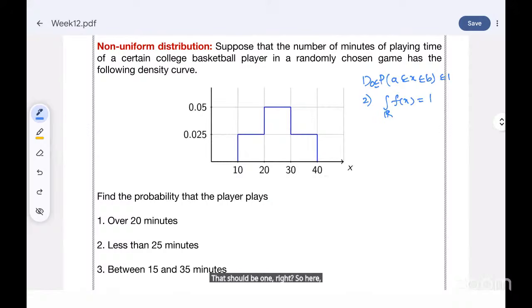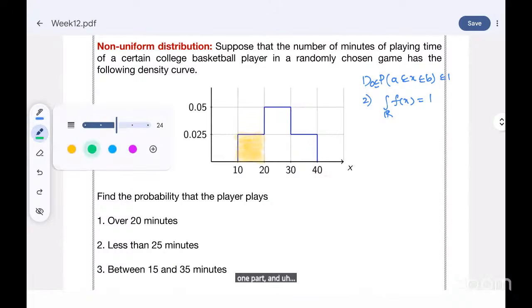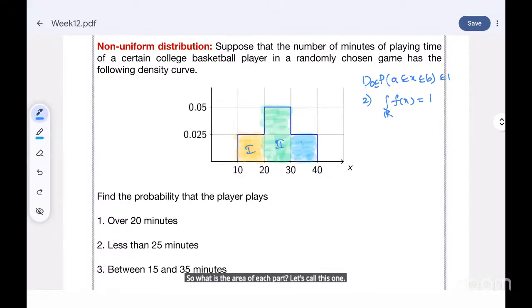So here, what is the total area? How do you find the area in this case? Suppose I am going to split it into 3 parts. Let us say this is one part, this is another part, and this is another part. Let's call these 1, 2, and 3. What's the area of the first part? 10 into 0.025, which is 0.25.